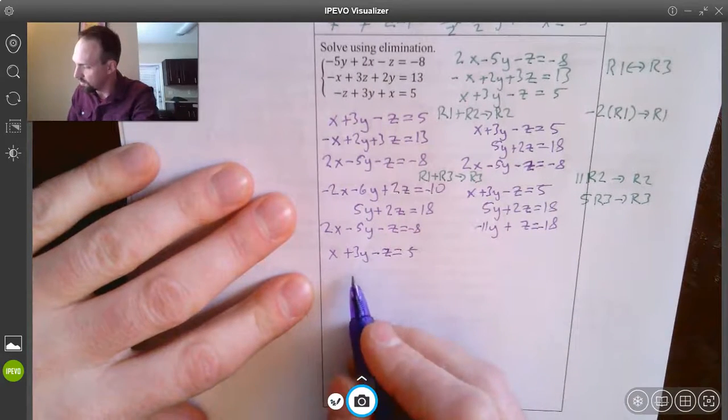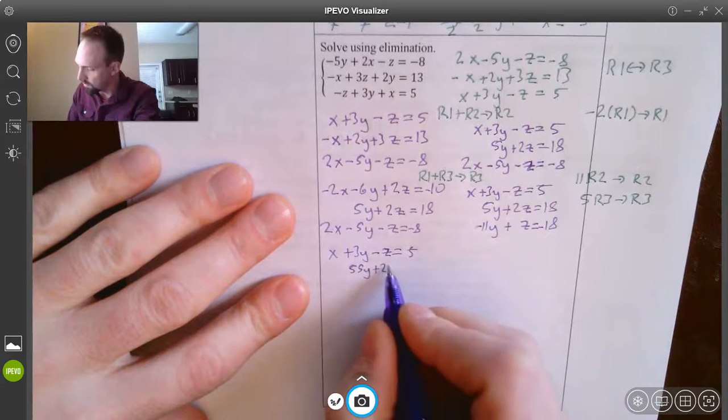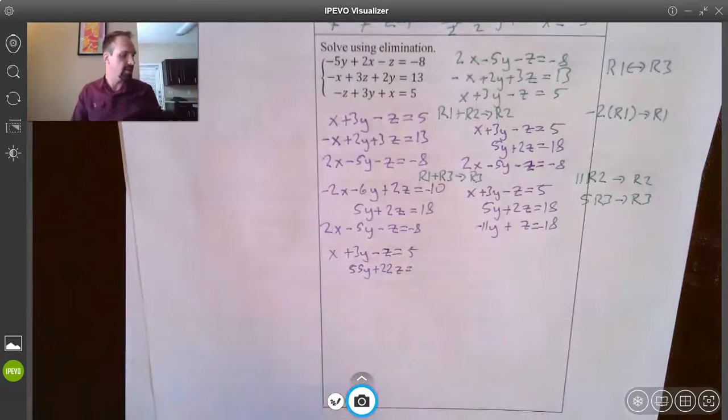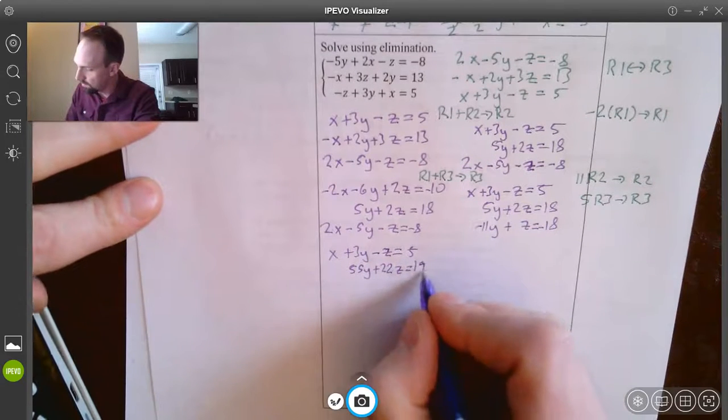And then row 2, 11 times 5, so 55y plus 22z equals 18 times 11 is 198.